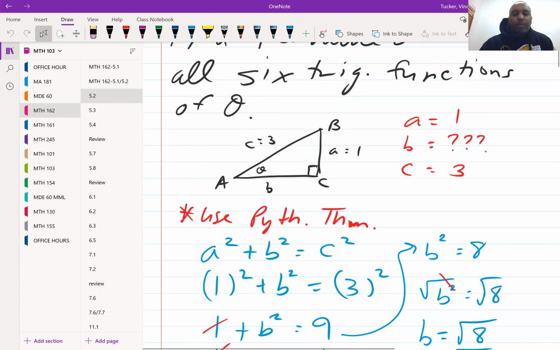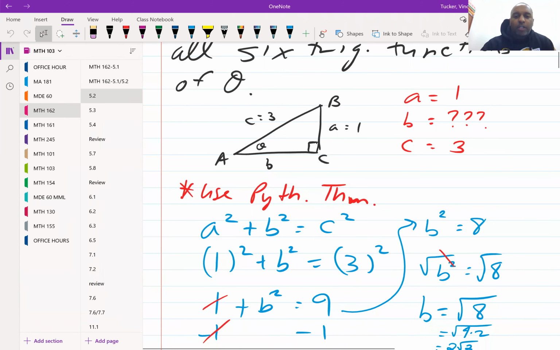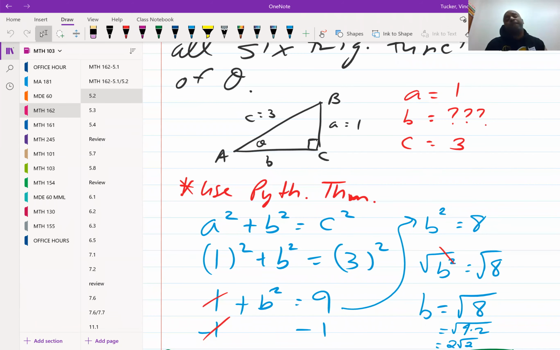All right, so using the Pythagorean theorem, a squared plus b squared equals c squared. Remember, c has to be on one side by itself. That's your hypotenuse, the longest side, the side opposite the 90 degrees. So that's why you have 1 squared plus b squared equal to 3 squared.